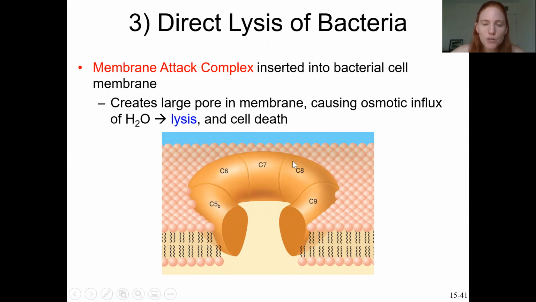These are the complement proteins that insert themselves into the plasma membrane, which is shown here. So here's the plasma membrane of a bacterial cell. Those complement proteins are going to insert themselves into the bacterial cell, or sometimes host cells, your own cells that need to be killed because they're infected. And what it's going to do is make a big hole in the membrane.